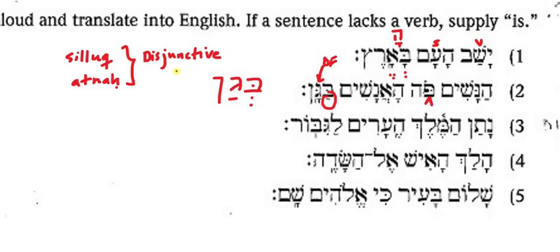Or let me ask it this way. What is a junction? If you're ever driving and you see the sign that says junction up ahead, what does that mean? Yeah, two roads are coming together. Okay, so a junction is a joining of two things. So disjunctive means separating.